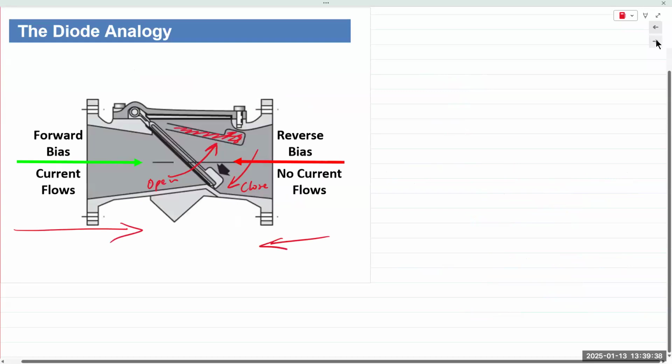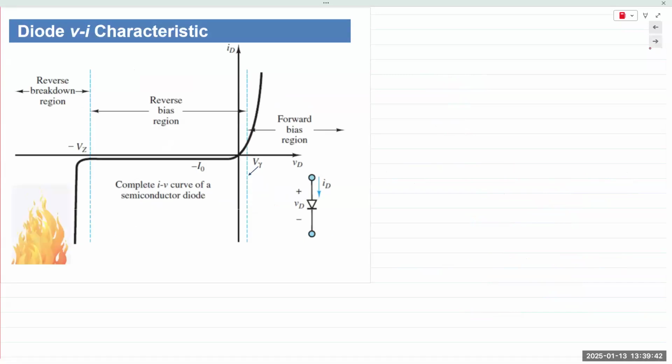We already looked at the mechanical valve analogy. Let's look at the VI characteristic. So we plot the values for current as a function of voltage. We obtain what is known as the VI characteristic, also known as the IV characteristic, current as a function of voltage.